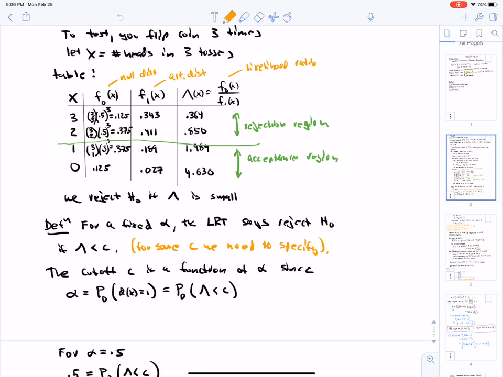And so we're going to find what we call a rejection region and an acceptance region, and this will be determined by alpha. So for a fixed alpha, the likelihood ratio test says reject the null hypothesis if lambda is less than c.